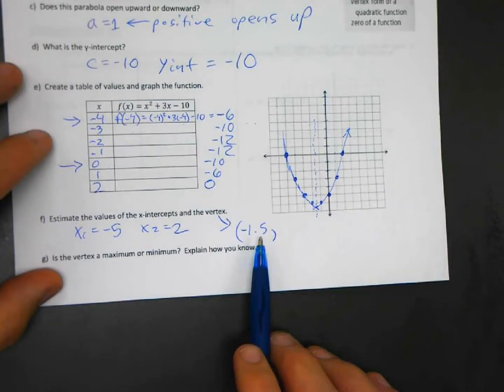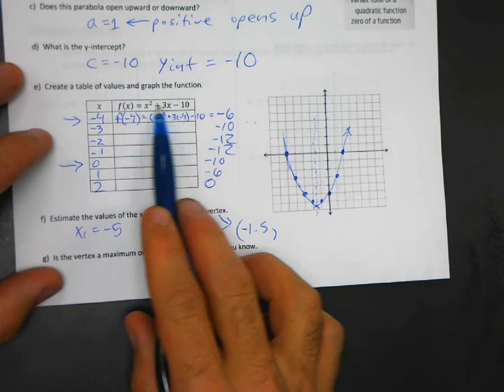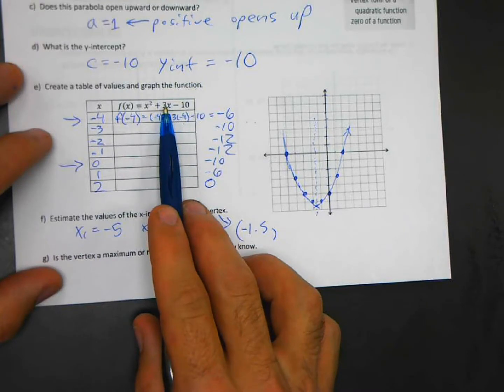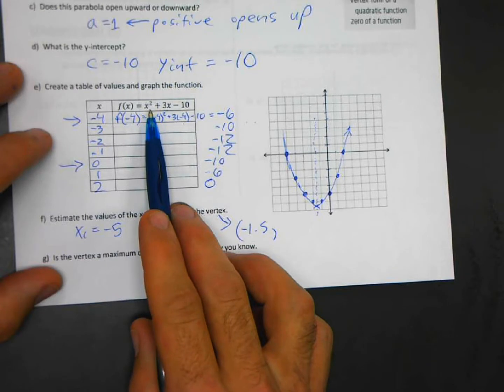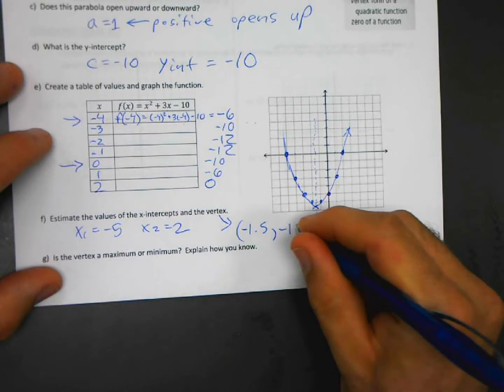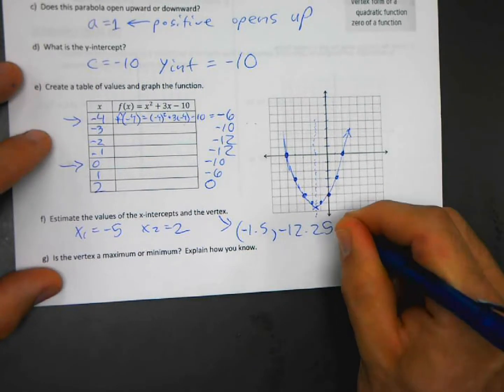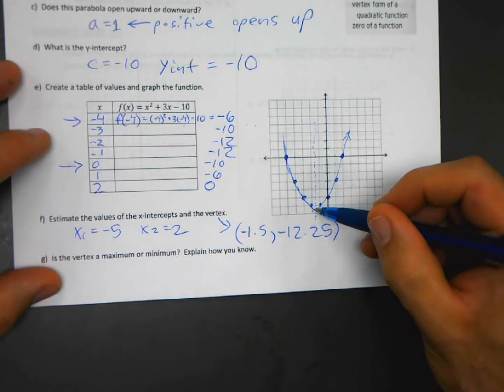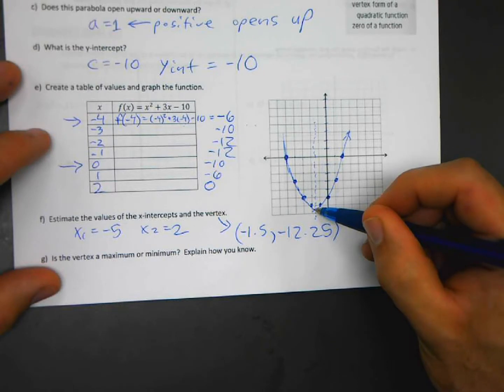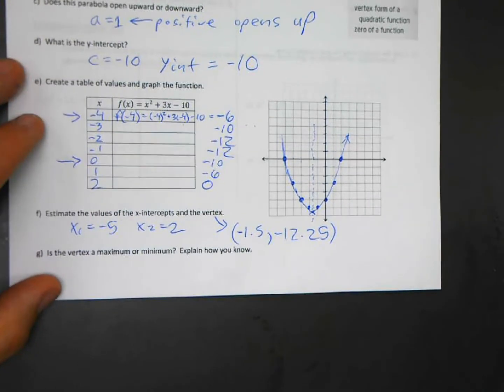If we put negative 1.5 in here, we'll get our answer. It should be negative 12.25 when you put that in, which kind of makes sense because here's negative 12. That's just a little lower. Okay, I probably didn't really draw it to scale.